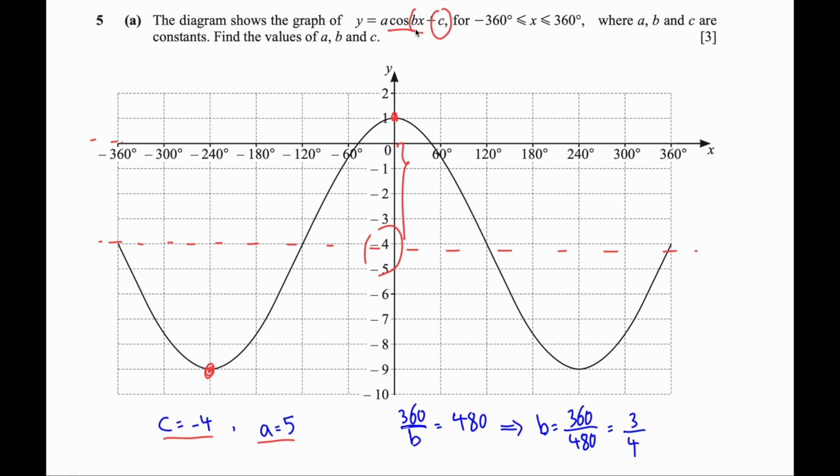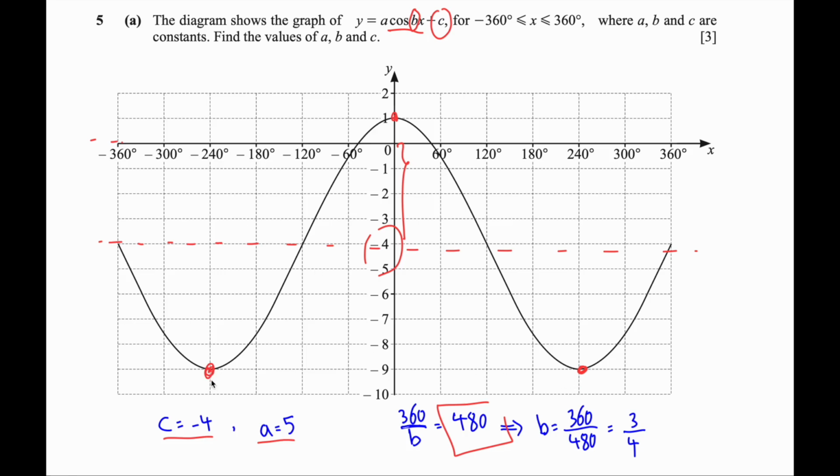Now it's down to finding the value of B. Since we're dealing with a cosine curve and everything is in degrees, the formula says you divide 360 degrees by B, which is the coefficient of x, and you should get the period. If you look at the curve, you can take two corresponding points on 2 cycles.